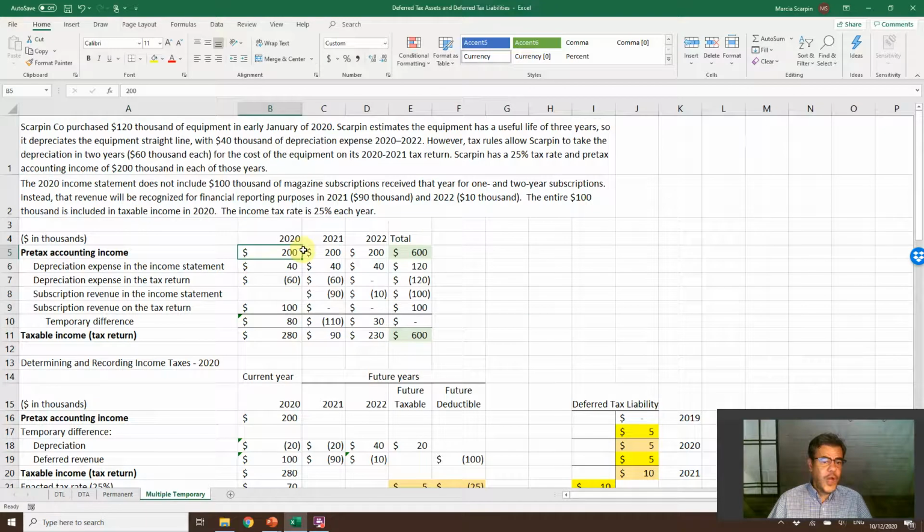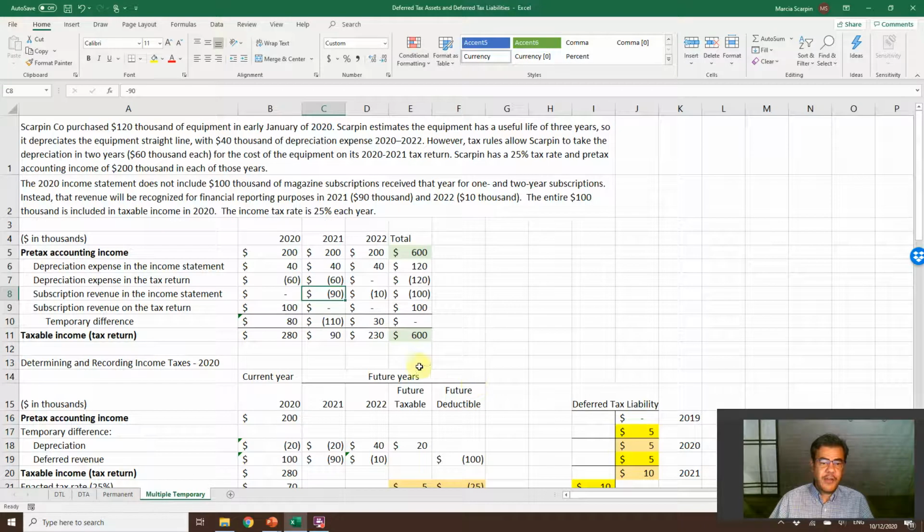So here is what we have. Pre-tax accounting income, depreciation expense, we add it because it was deducted in the income statement, and we exclude the depreciation expense in tax return. As well as we subtract the subscription revenue in the income statement, nothing in 2020, negative 90 2021 and 10 2022, and we add the subscription revenue on the tax return.